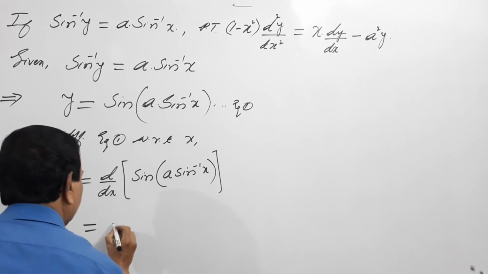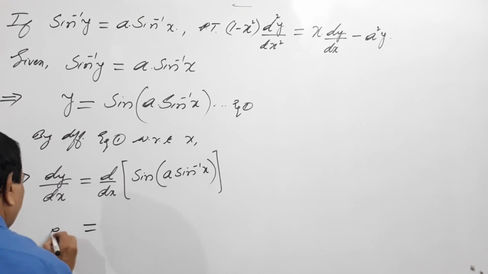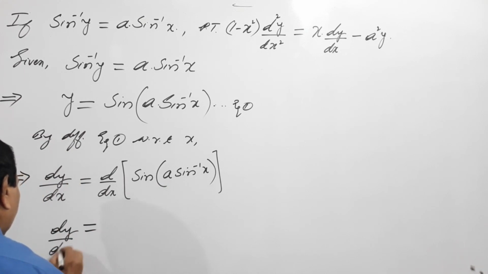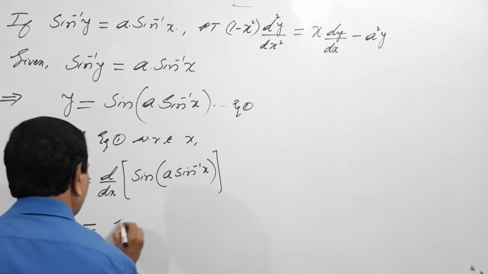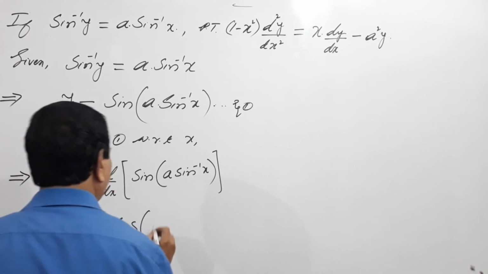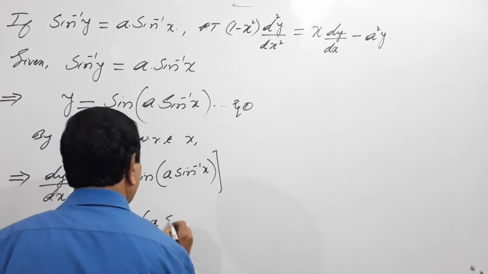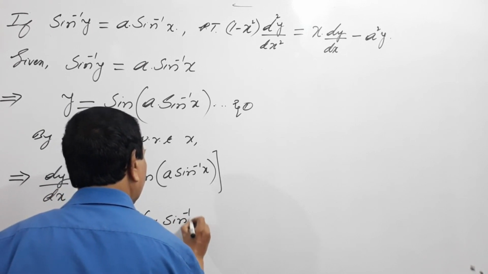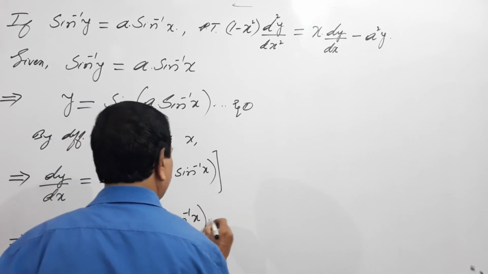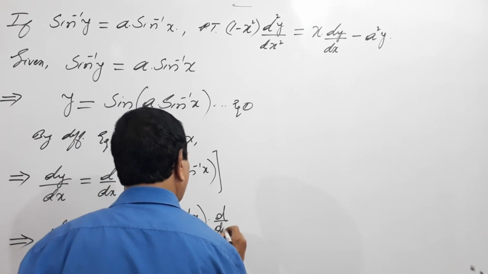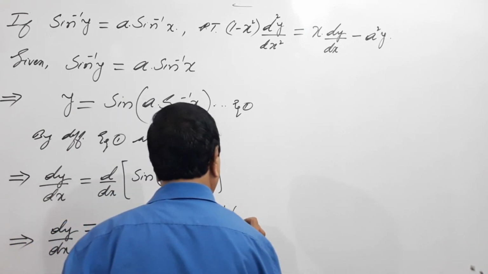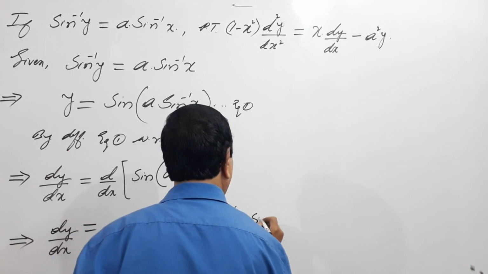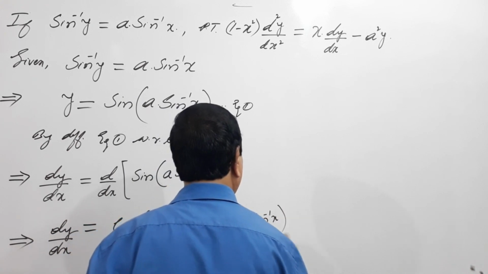This equals dy by dx becomes cos of a sine inverse x into d by dx of a into sine inverse x.